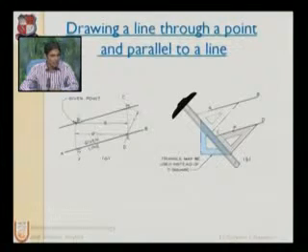Take a suitable radius that is enough to intersect the line AB, for example 30 mm.